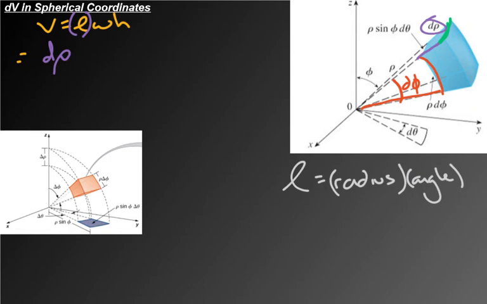And so if you do rho times d phi, which is the angle, then you would get this arc length, which is another one of these two measurements. So I'm going to get rid of that, but I didn't want to get rid of all that. So this red arc is going to be rho d phi. All right, so we've got this one now done.